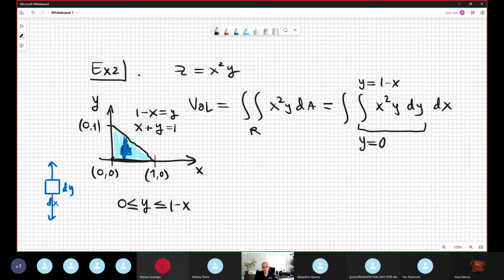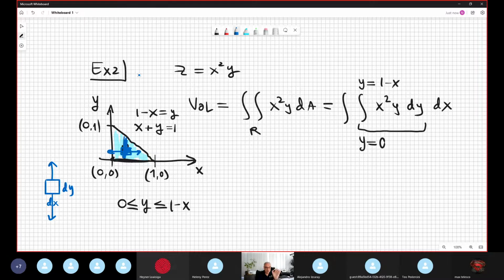Okay, this is 0. So in this region, it's a general region, not rectangular, the limit is not constant, it's a function of the other variable. When you finish the first integral, then you open the window in that direction.